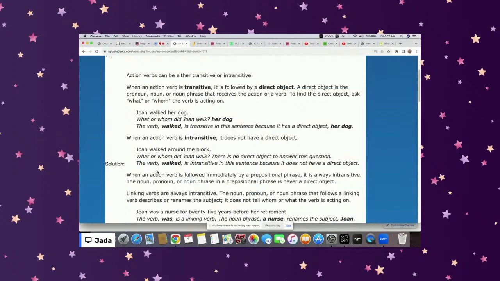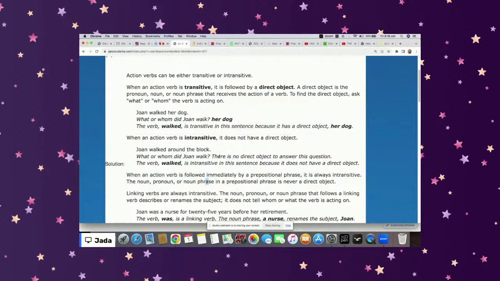So when an action verb is followed immediately by a prepositional phrase, it is always intransitive. The noun, pronoun, or noun phrase in a prepositional phrase is never a direct object. So note that when an action verb is followed by a prepositional phrase immediately, it is always intransitive.